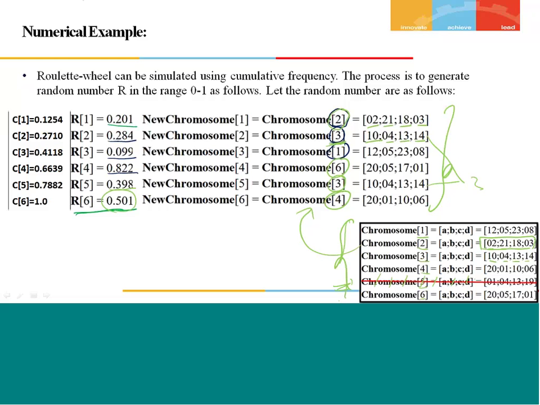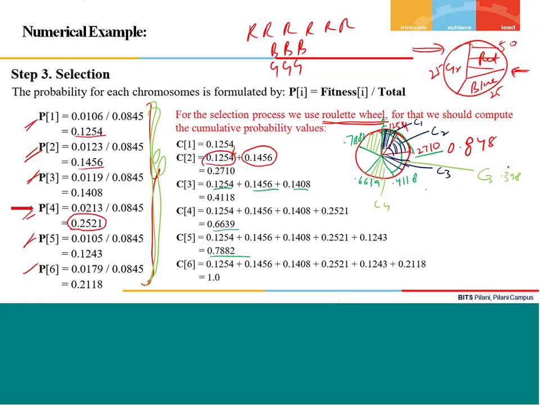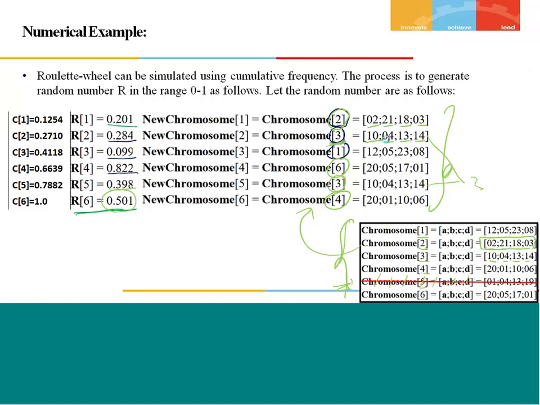Because I am rotating my roulette wheel, right? So the roulette wheel always stops somewhere on a chromosome. So this was my roulette wheel. It will always stop on an area among these 6 chromosomes that were there before at random. So out of these 6 only I have to take according to the distribution. I turn my roulette wheel, and that roulette wheel stops in front of the second chromosome area. So at first selection, I select my second chromosome.